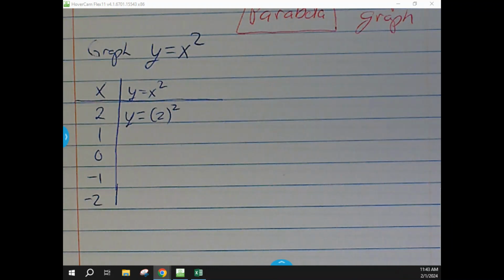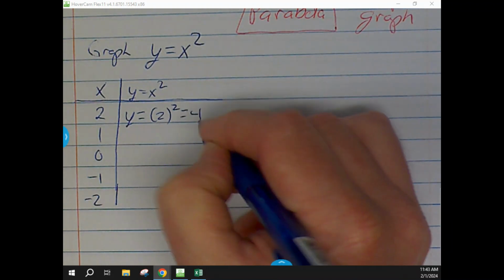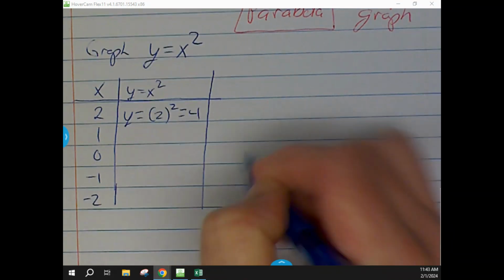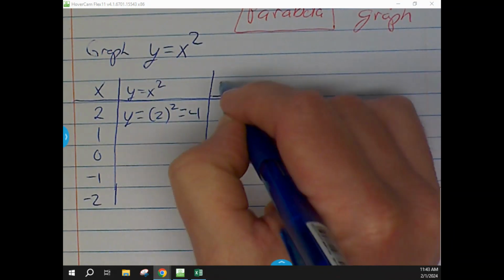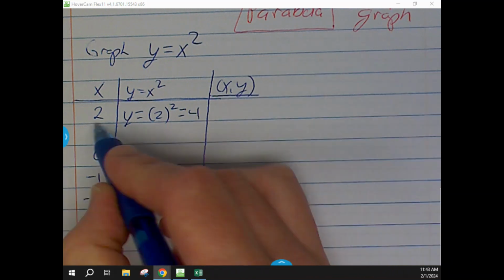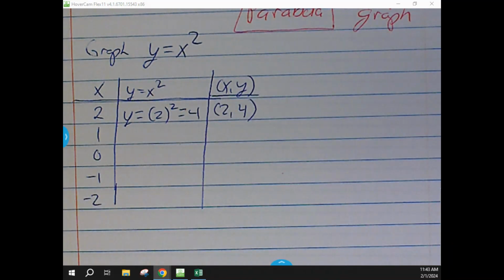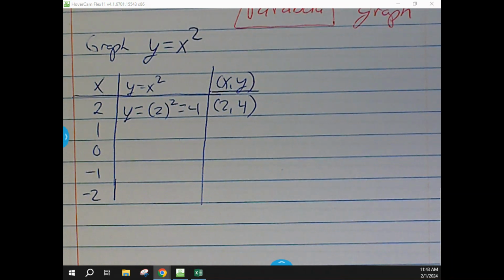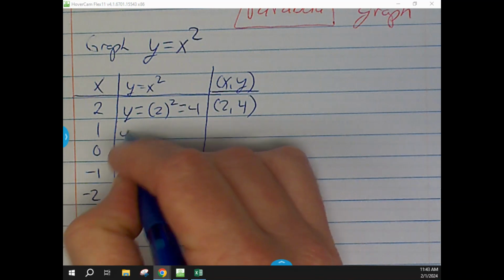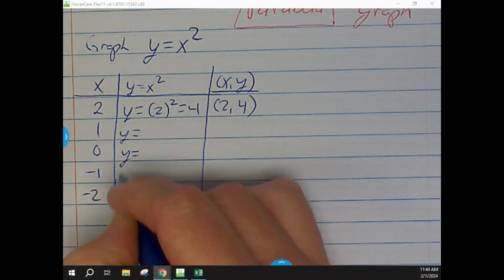So it's 2 squared. 2 times 2 is 4. So if we write out the ordered pair that we're going to have to plot, that's going to be at 2, 4. And if you want, you can put y equals down this one.